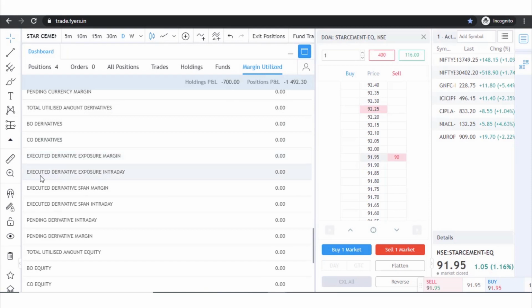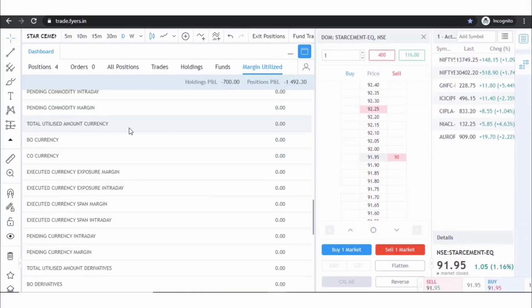Each of them is shown as separate entries so that you can get a clear understanding of the margin utilized. It also shows you a breakup of the consolidated, span and exposure margins for this segment.